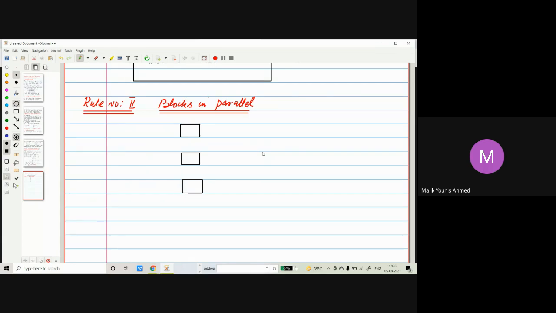Okay, now these are the blocks we have. So let me draw a summing point here. This is the summing point. Everybody knows that it will contain a cross.